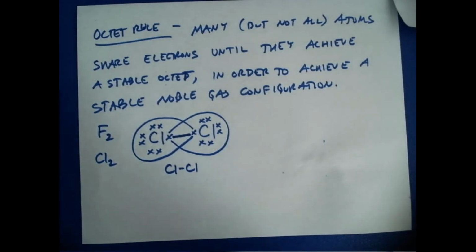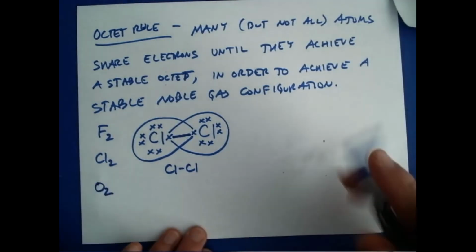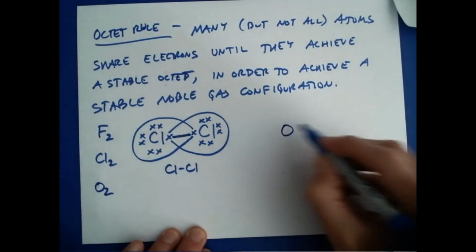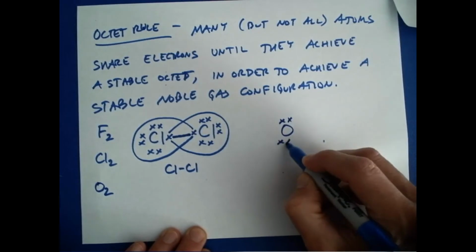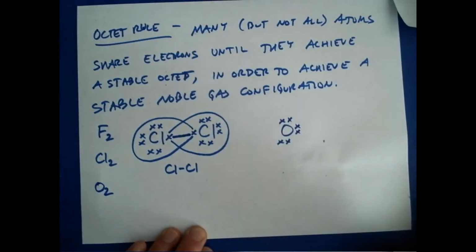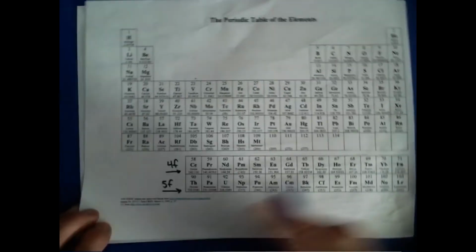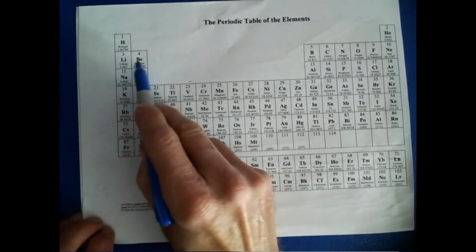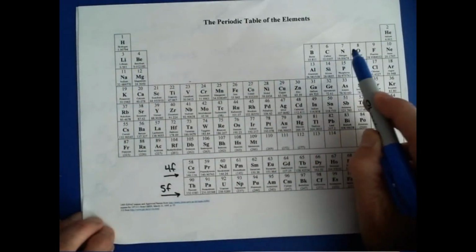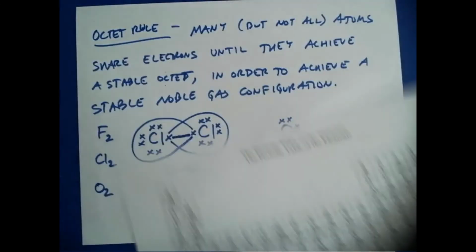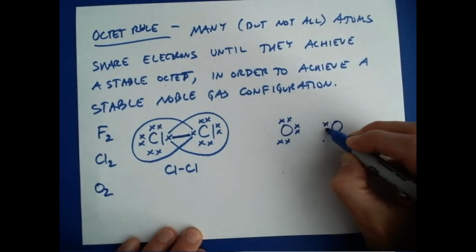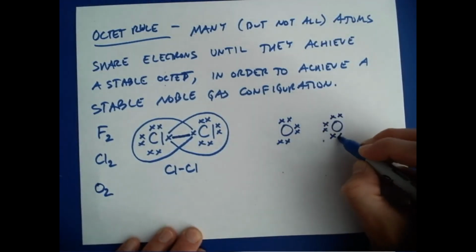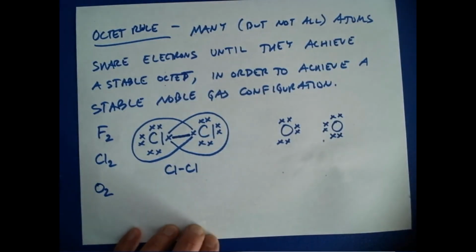It's interesting to see how this happens, say, in oxygen, O2. Let's see how this might work. This is a little different. So I'm going to draw my oxygen atom with 1, 2, 3, 4, 5, 6 valence electrons. And we'll draw another oxygen atom over here with 1, 2, 3, 4, 5, 6 valence electrons.